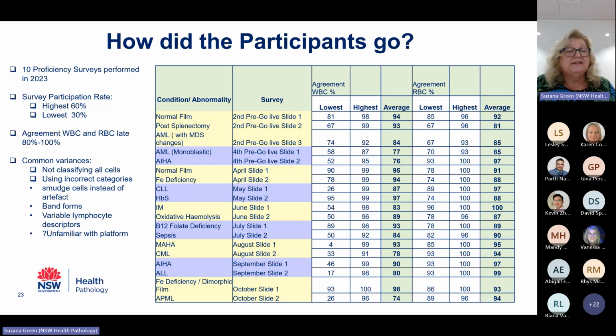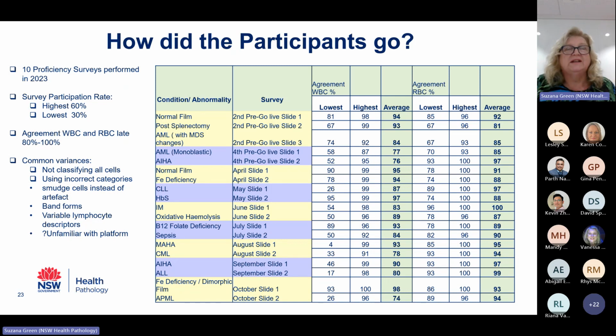There were variations, as I said, and that was about classifying using incorrect categories, whether intentional or unintentional, as well as being unfamiliar and getting the confidence with this very new platform. The conditions we gave them were basically from a normal blood film.